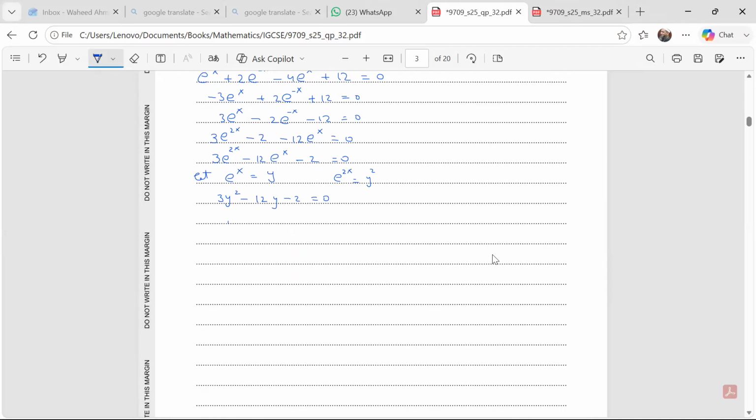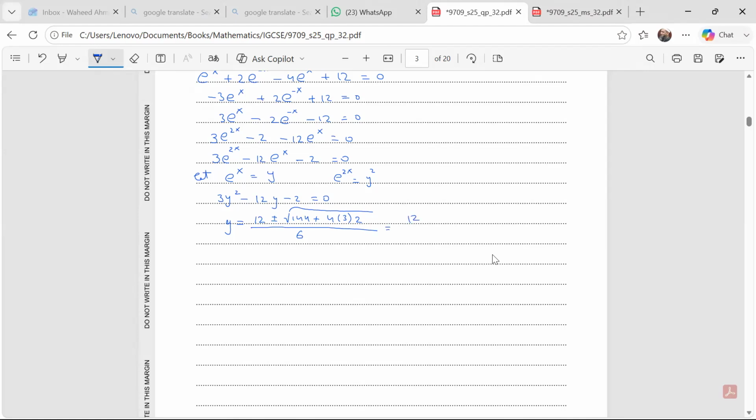So y equals minus b plus or minus the square root of b squared minus 4ac. c is minus 2, so it becomes plus, and 2 here, divided by 2a, which is 6.